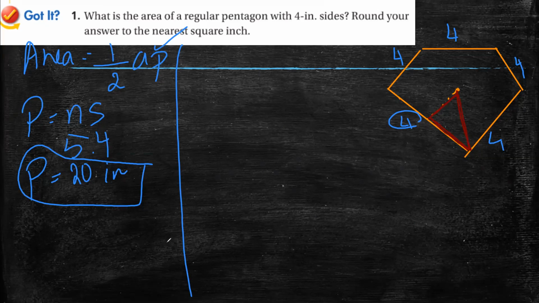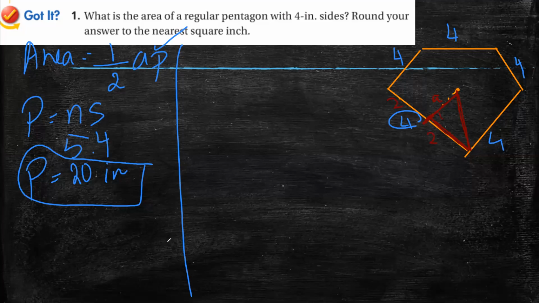In this right triangle, here is the apothem A, and since the base is 4, and since this apothem is bisecting the base, the base of the right triangle will be 2 here and 2 here.